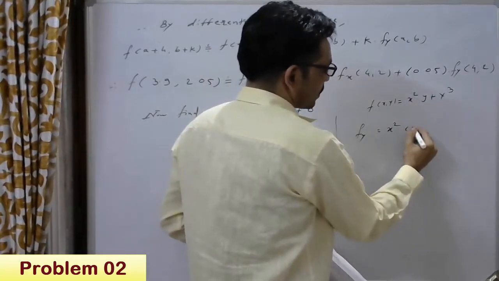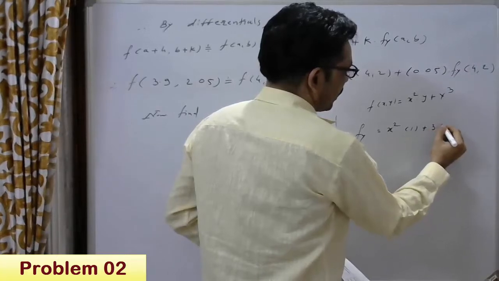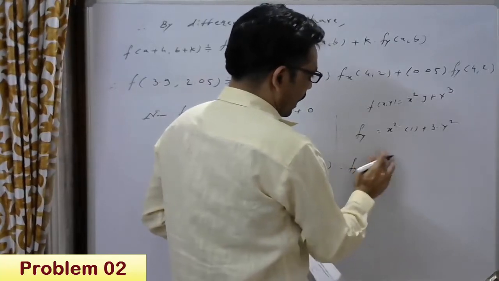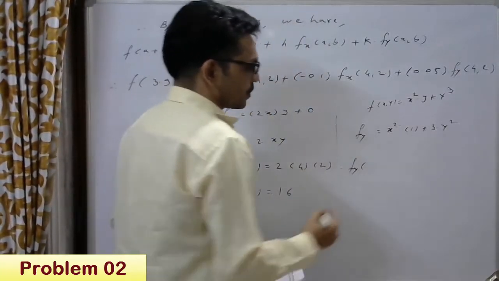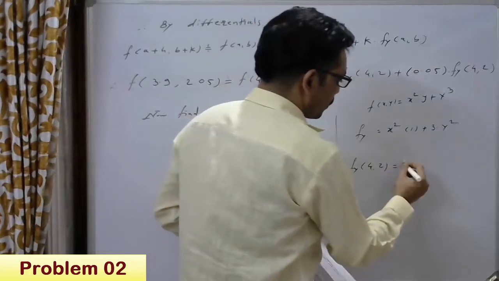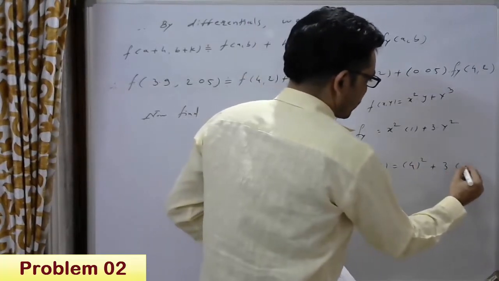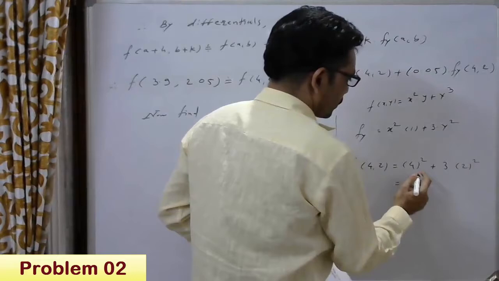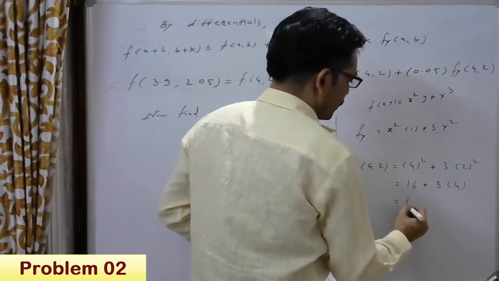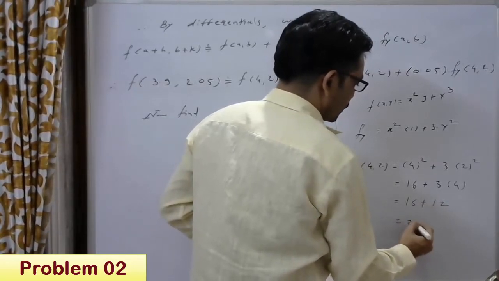The derivative of y is 1, plus the derivative of y cubed, which is 3 y squared. Therefore, f_y at the point (4, 2), taking x equal to 4, is 4 squared plus 3 into 2 squared, which is 16 plus 3 into 4, equal to 16 plus 12, equal to 28.